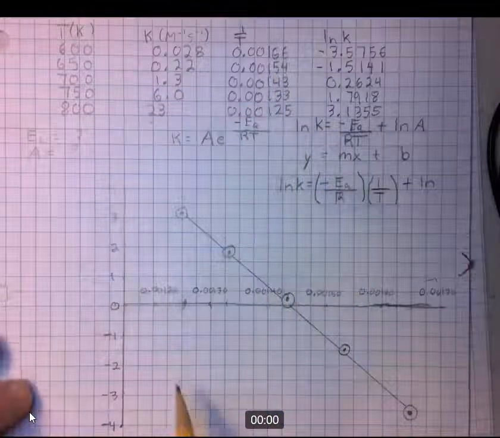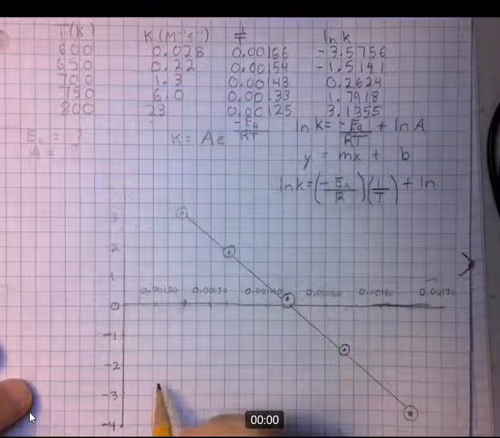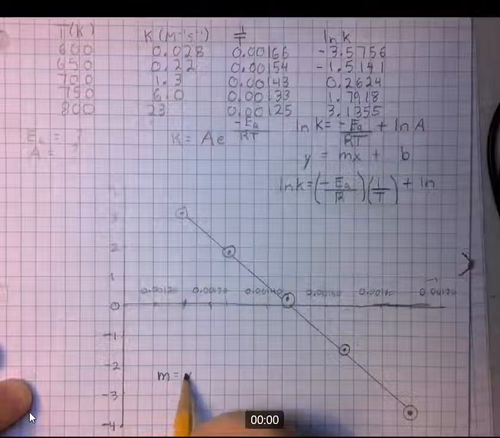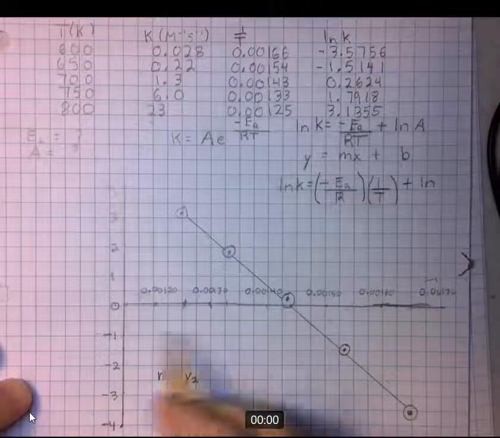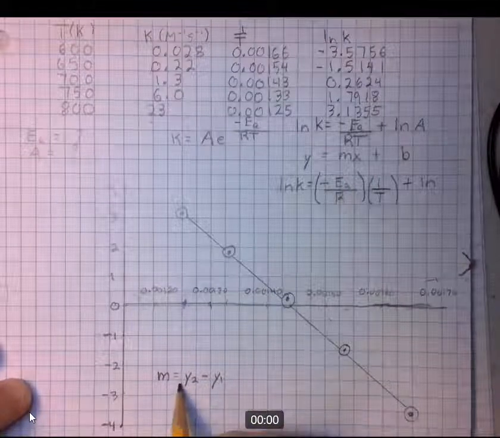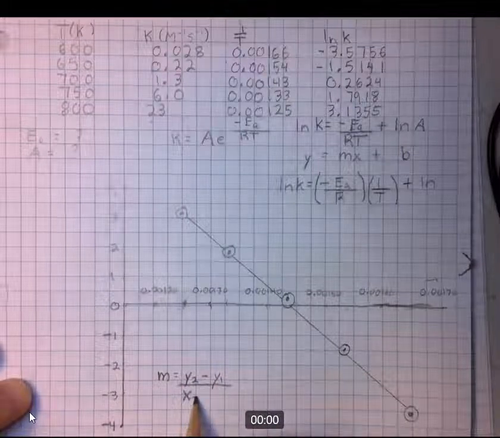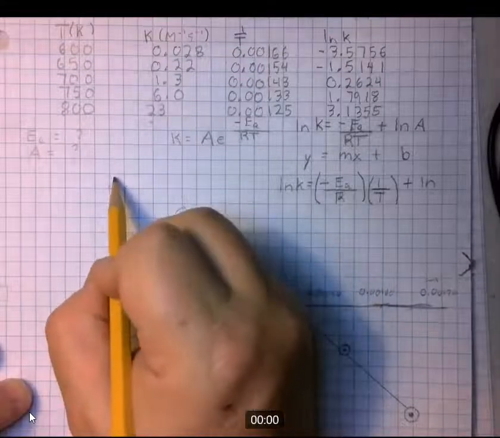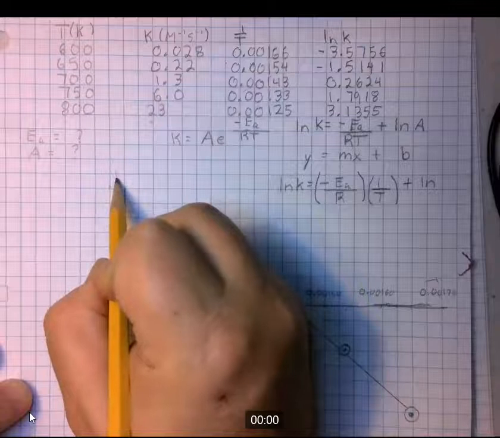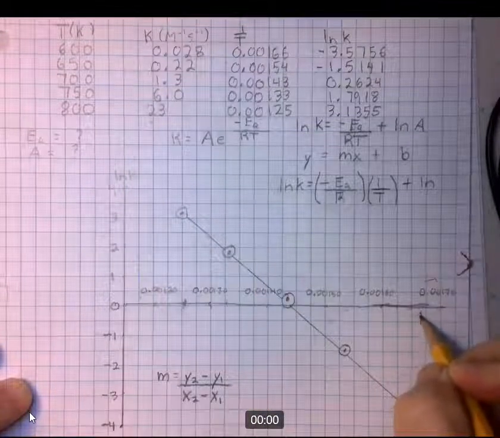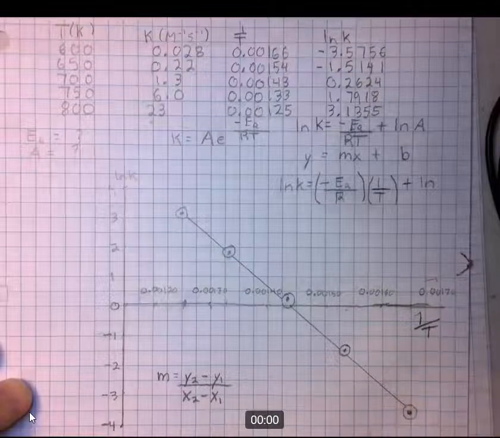So if you remember from algebra, your formula for a slope is y2, if we're using xy coordinates, minus y1 over x2 minus x1. In this case, let's go ahead and label our axes here, natural log k on this axis, and on this axis over here is 1 over temperature.